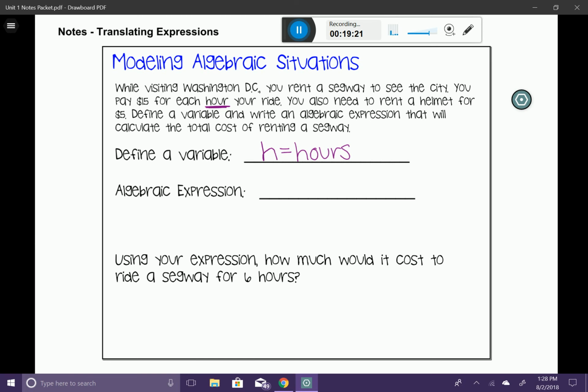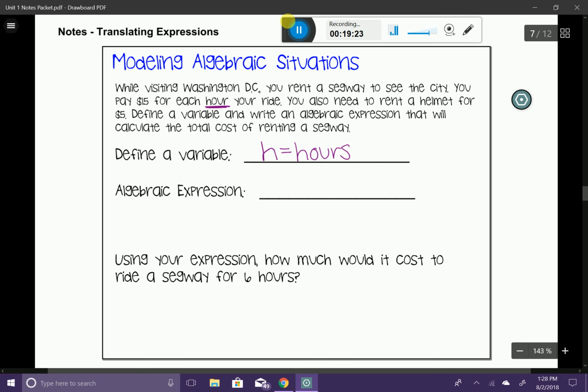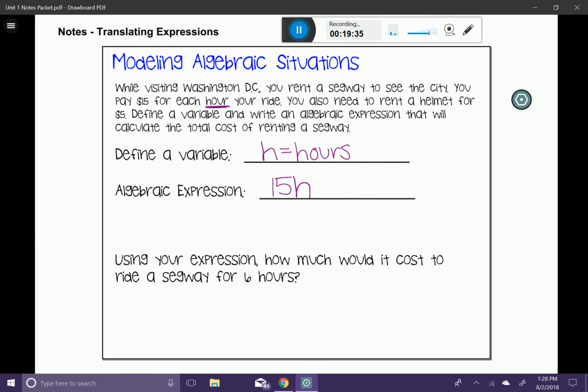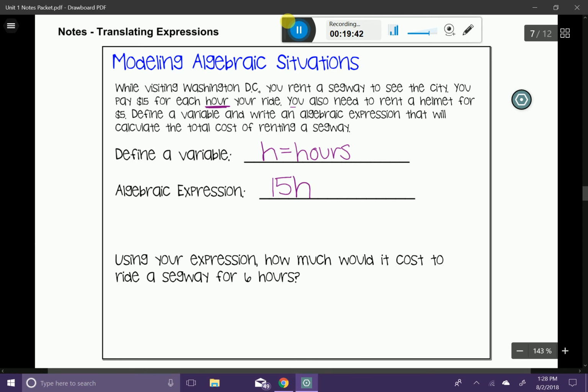Now we're going to create the algebraic expression. Now I know that for every hour, it's going to cost me $15. So can I say something like 15 times my H? Yeah, because for every hour, I'm going to multiply it by 15 to figure out how much I'm going to end up paying. But if you look back up in the problem, it also says you need to rent a helmet for $5.